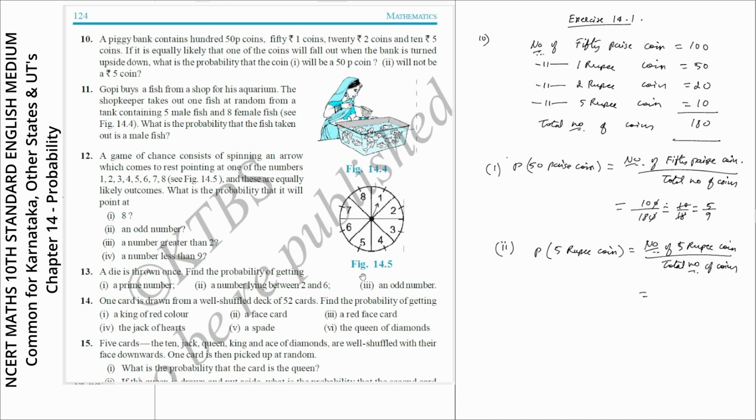Number of 5 rupee coins is 10 and total number of coins is 180, so this 0 will get cancelled, 1 by 18 I will get. Now the probability that it's not a 5 rupee coin.